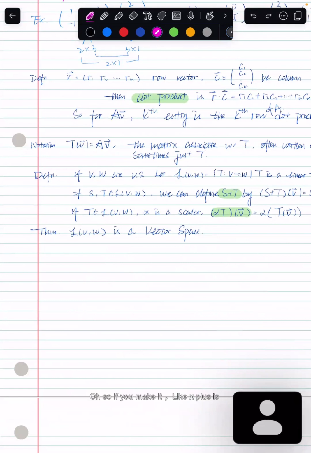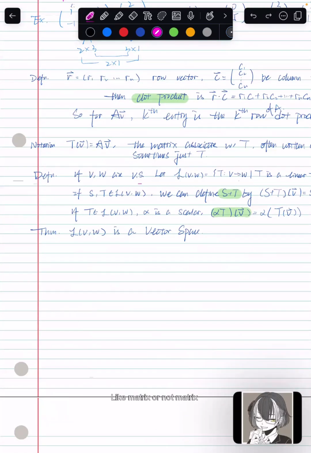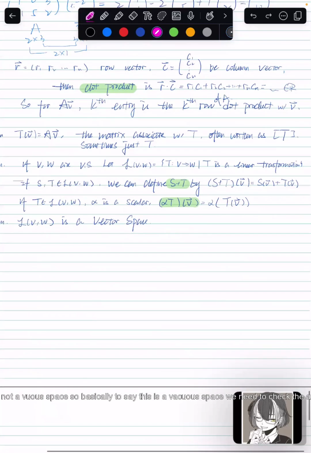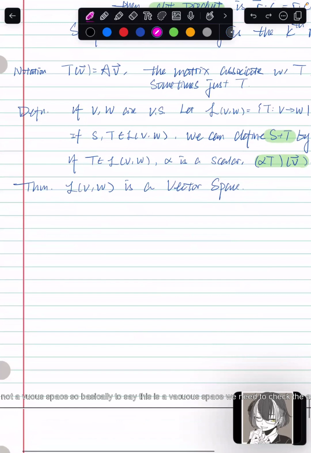If you make x plus y be x divided by y, then it's not going to work, and you can verify that. If it does not hold for commutativity or distributivity, then we say it's not a vector space. So basically, to say this is a vector space, we need to check the axioms.